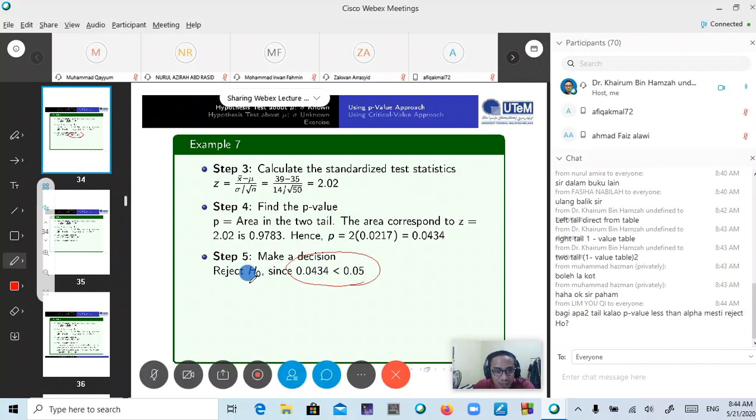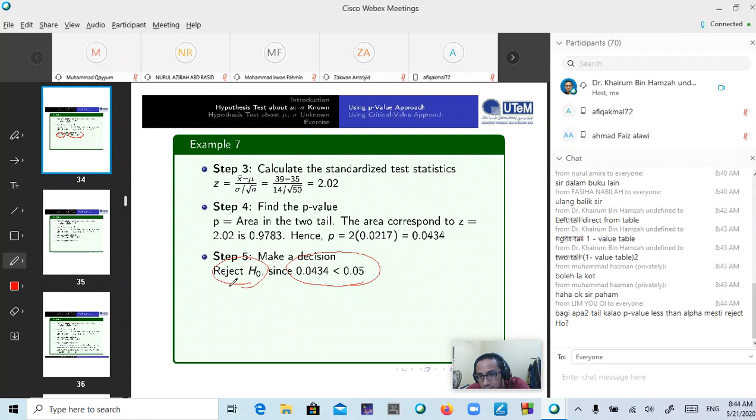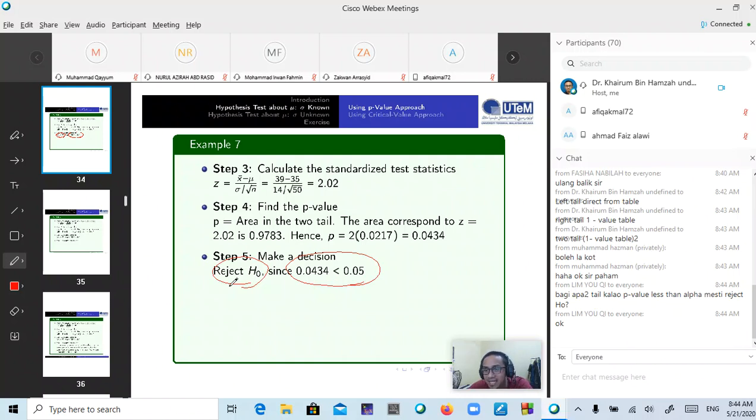So, you akan reject H0. Bagi apa-apa tail, yes, betul. If P value less than alpha, reject H0. P value greater than alpha, fail to reject H0. Sebab kita compare dua tu. Okay? Boleh?